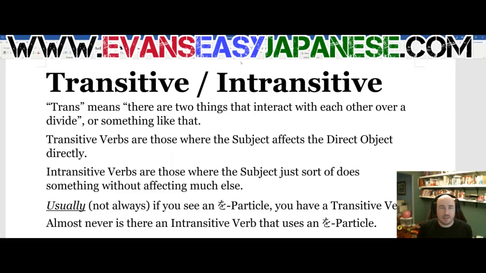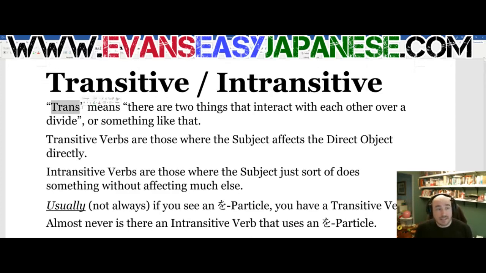For example, the verb to go, iku, ikimasu, is an intransitive verb, and yet the o particle still makes an appearance when that doesn't really make as much sense as it should. So verbs of movement break the rules, and verbs like arimasu and things like that start having screwy rules as well. So anyway, let's go ahead and talk about what these words actually even mean.